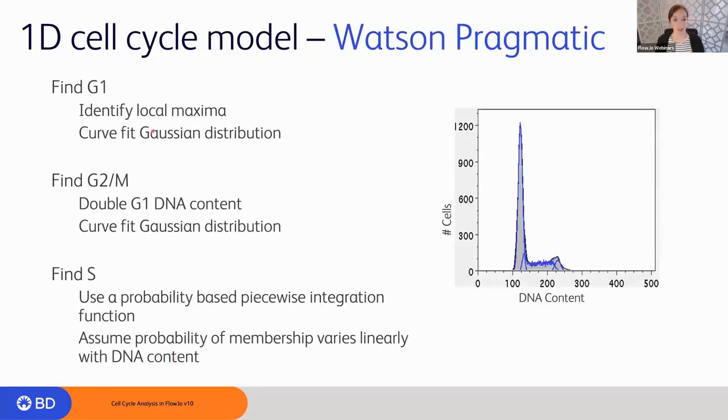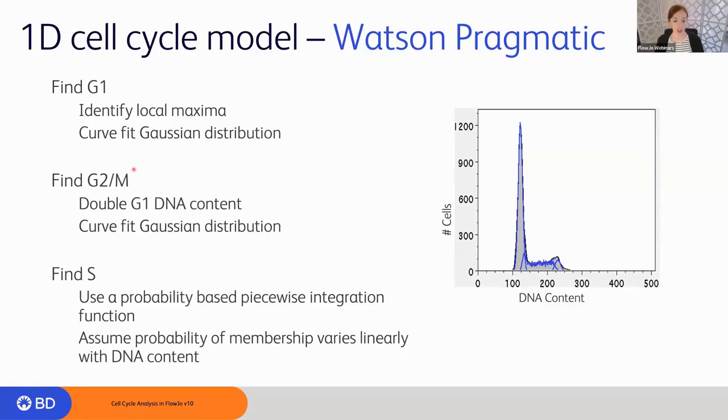Okay. So one option for algorithmic modeling of univariate cell cycle analysis would be the Watson pragmatic model. So here's essentially what it's doing. It first starts by finding the G1 peak, right? So it looks for a local maxima, probably on the lower end of fluorescence intensity, and then it does a curve fit for a Gaussian distribution, assuming normal distribution of the data.